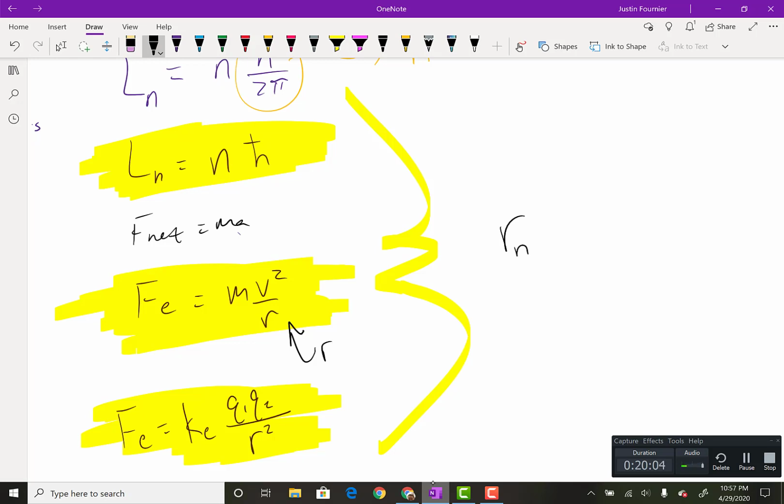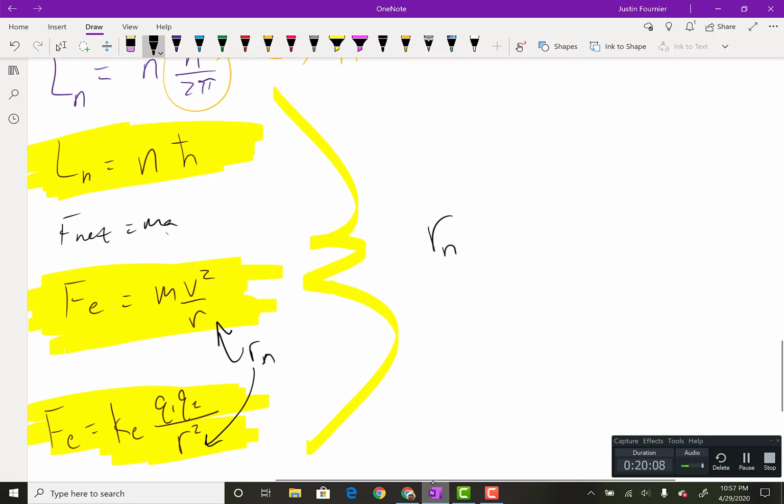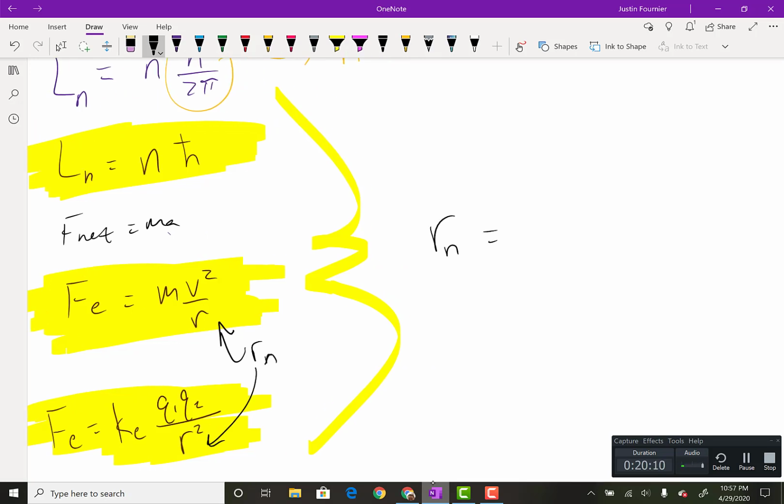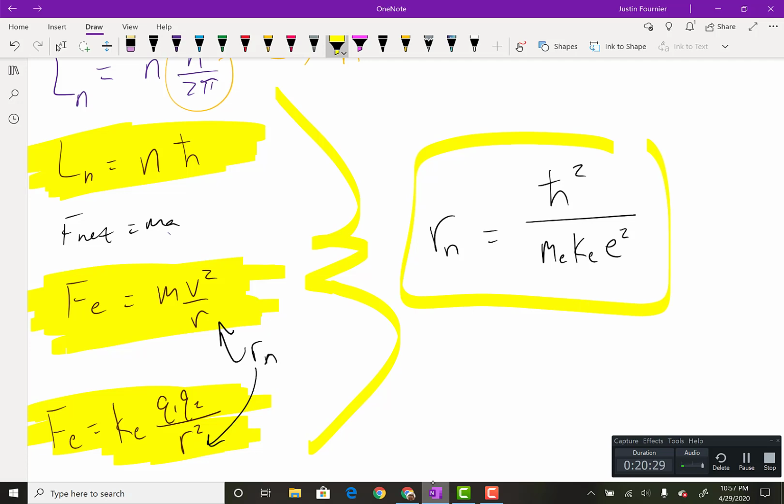So this will turn into r sub n. r sub n equals h bar squared over the mass of the electron times the Coulomb constant multiplied by the elementary charge squared. So that's what you have to do. Use those equations to derive that expression right there.